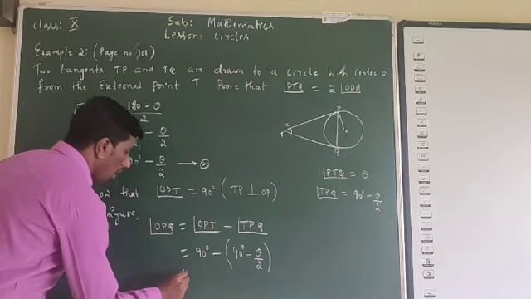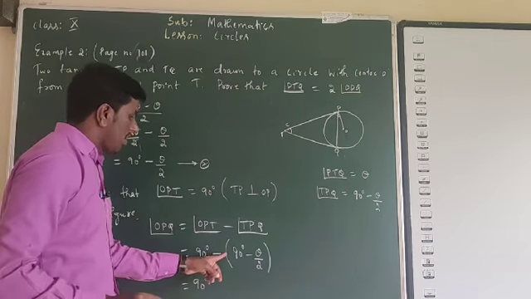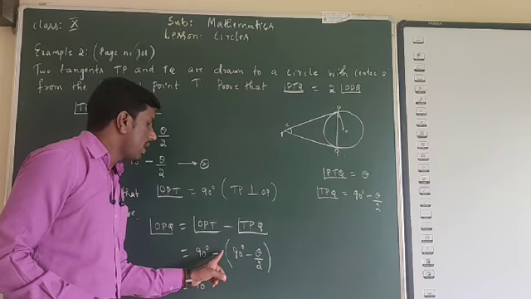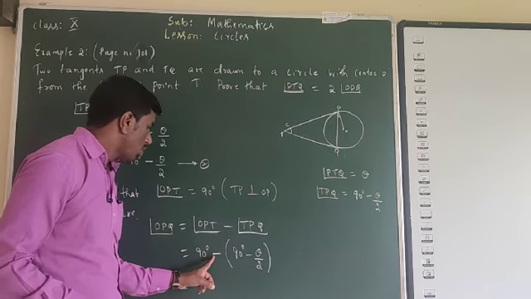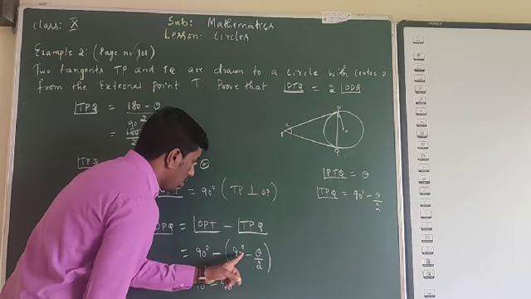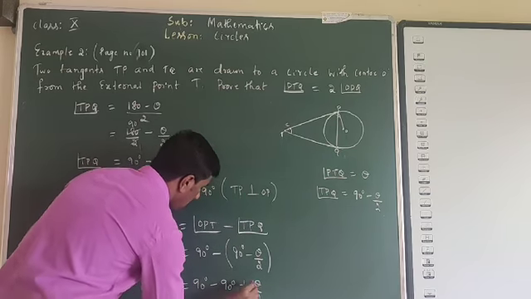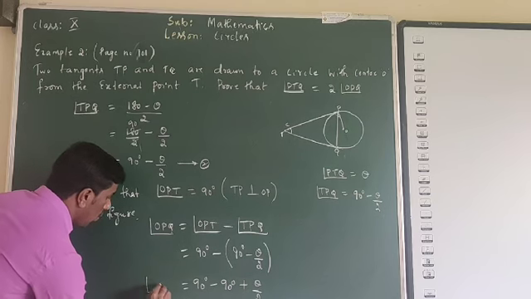Okay. Now this is equal to 90 degrees. Since I am having two terms, this minus should be applied to both the terms. So minus into plus, minus 90 degrees, minus into minus, plus theta by 2. In the LHS I am having OPT.